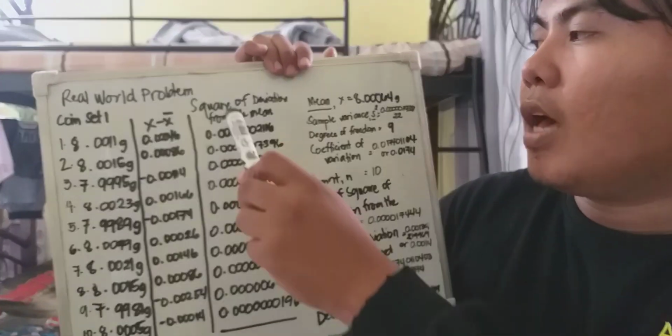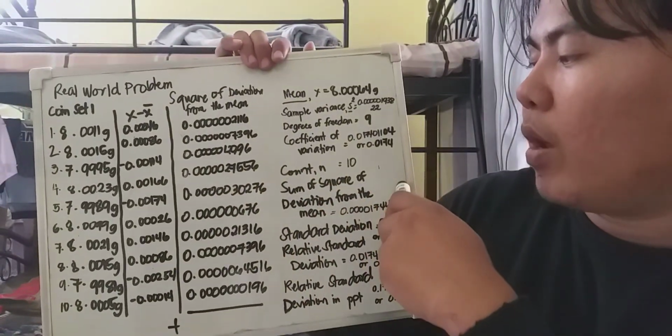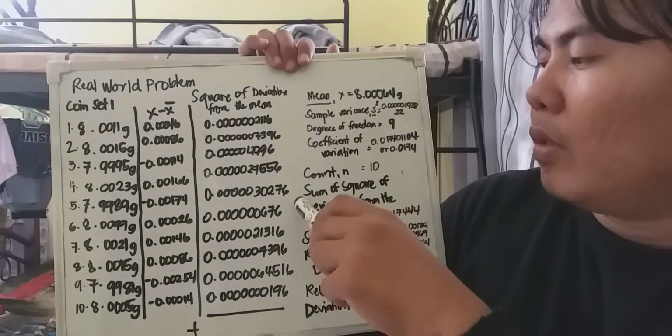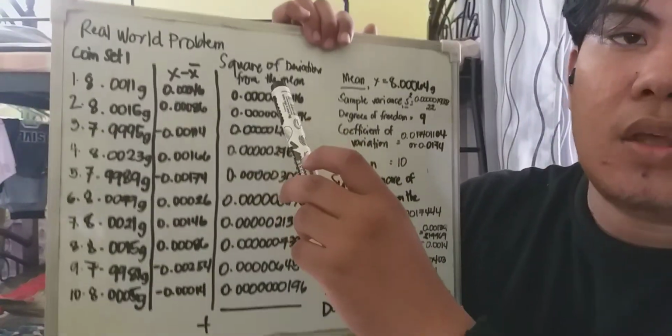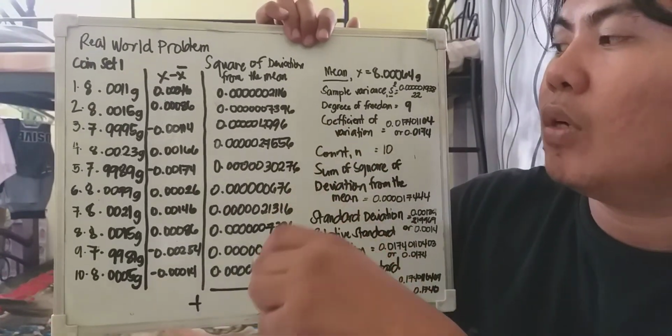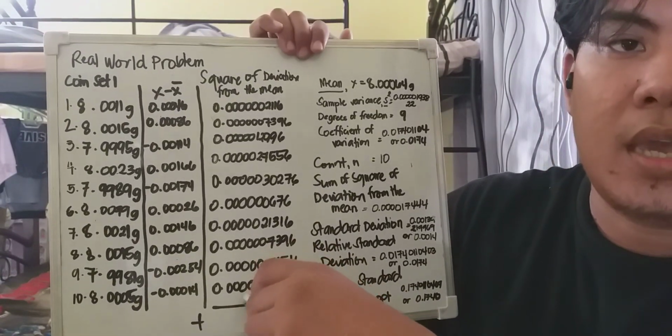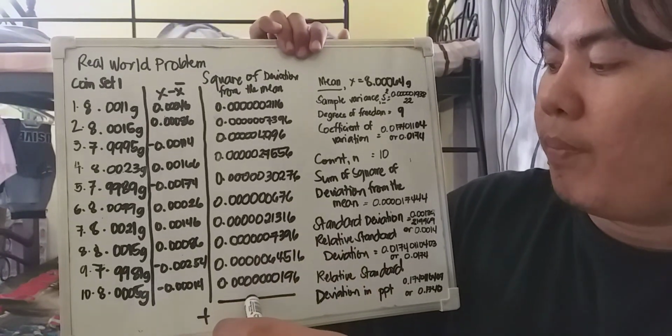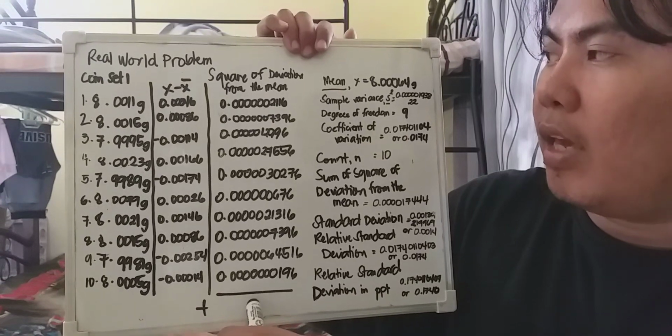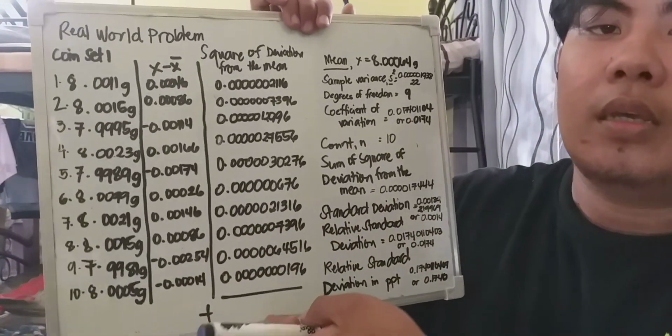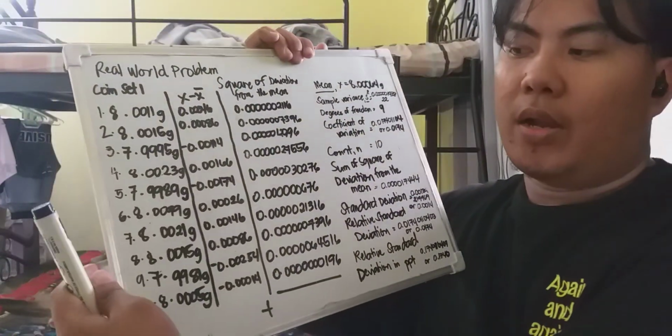So, dito sa ating sum of the square of deviation from the mean, to get this, we need to add all the square of deviation results natin dito sa ating sinagot. So, try to solve it, everyone, and I will be solving here also.